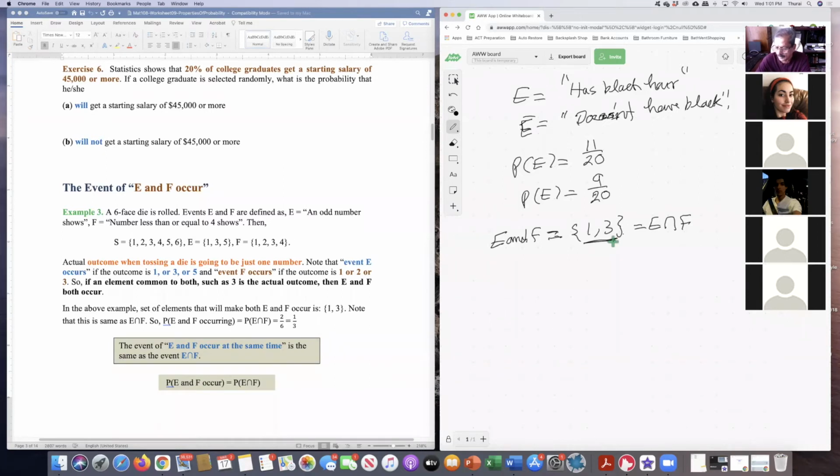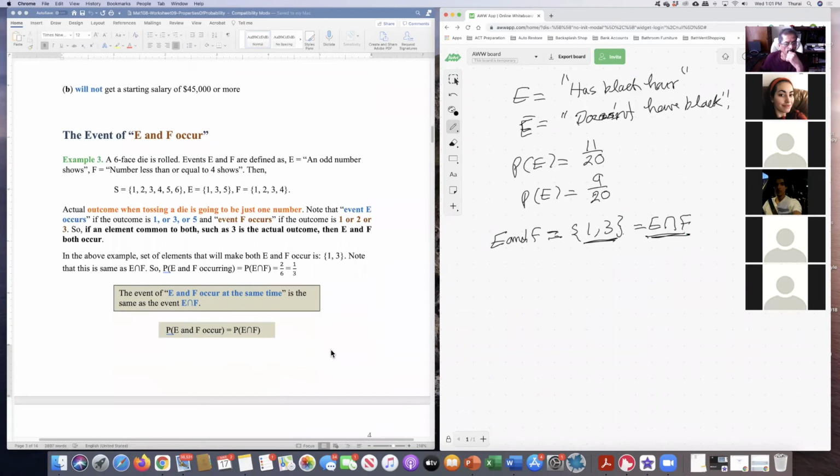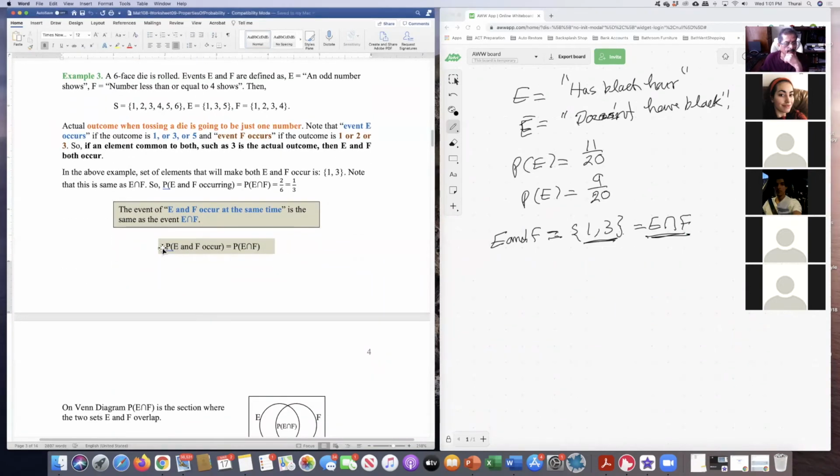That means E intersection F has to occur for E and F to occur. That's why the set theoretic intersection comes into play in probability. So if you are finding the probability for 2 events to occur, you need to find the probability of E intersection F. So this is the fact you need to remember: the probability of E and F occurring is the same as E intersection F occurring.